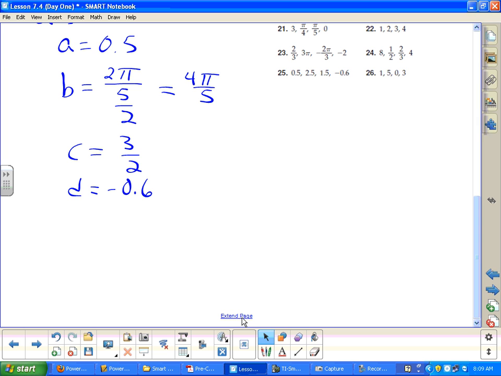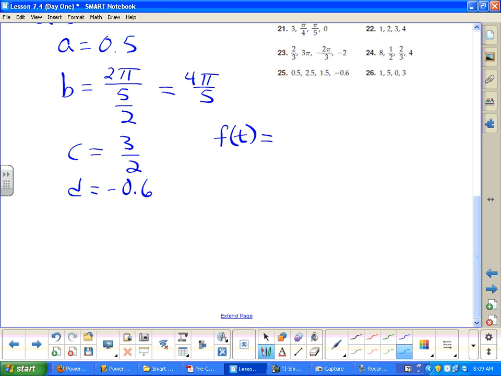So we have f of t equals 0.5 sine of, 4/5 is 0.8, right? So 0.8 pi times (t minus 1.5) minus 0.6.